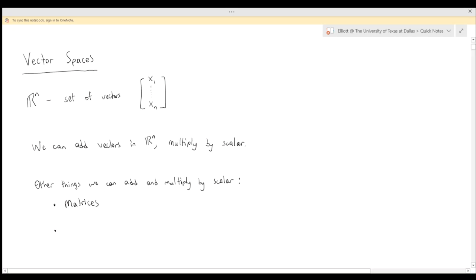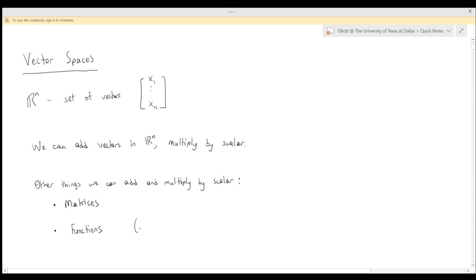We haven't necessarily done too much in this class, but say in calculus, you certainly talked about how to add functions together, as well as multiply them by a scalar.